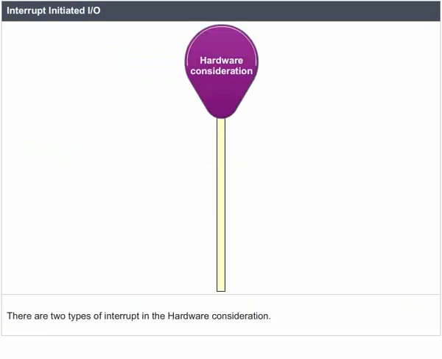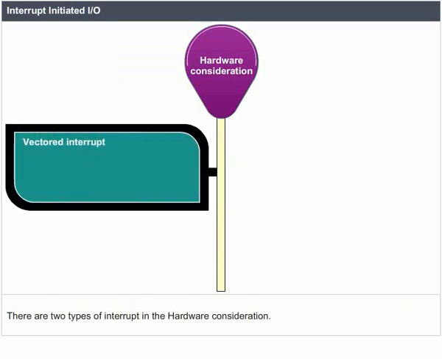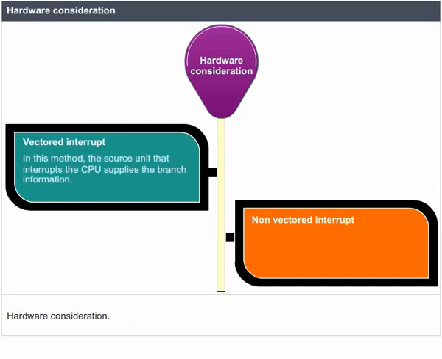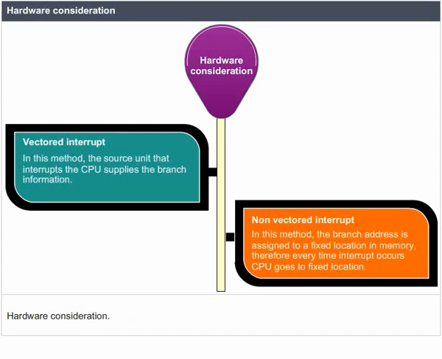There are 2 types of interrupt in the hardware consideration: vectored interrupt and non-vectored interrupt. Vectored interrupt: in this method, the source unit that interrupts the CPU supplies the branch information. Non-vectored interrupt: in this method, the branch address is assigned to a fixed location in memory.